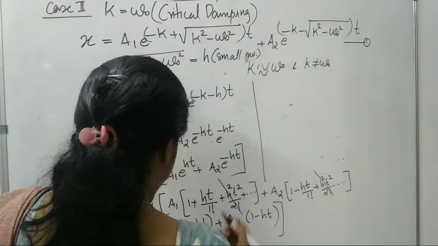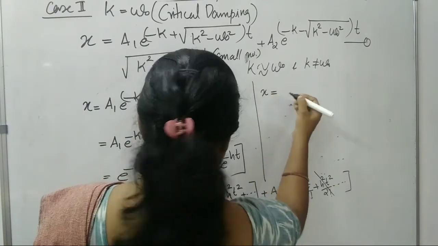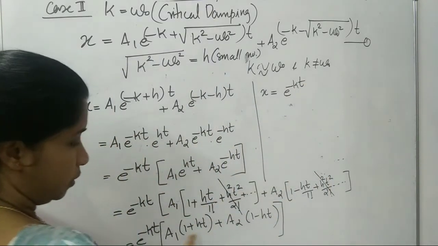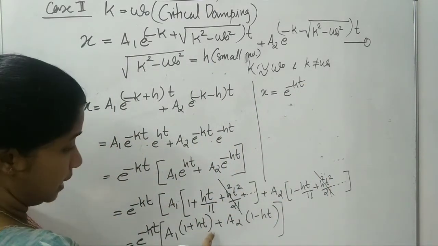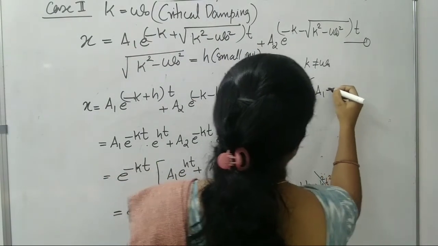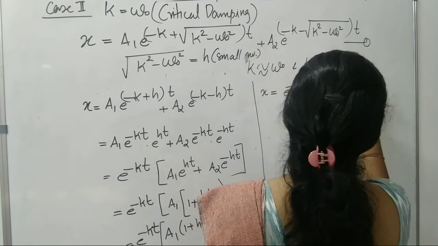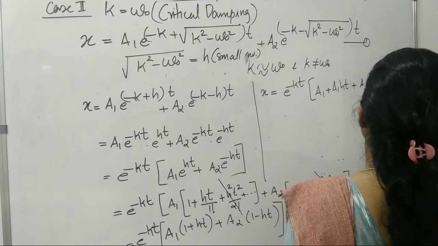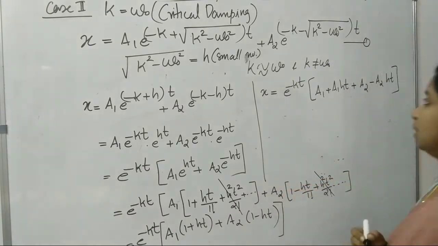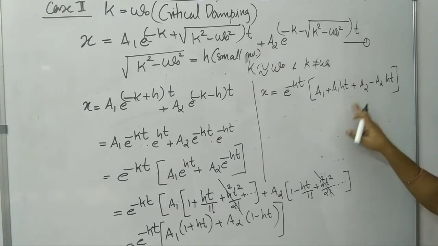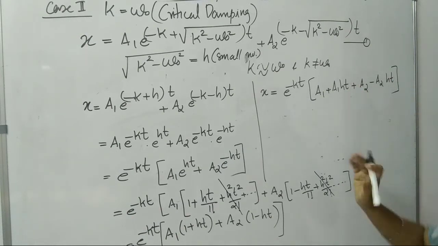So we get x equal to e raised to minus kt into a1 plus a1 ht. Okay, while opening the bracket, we get a1 plus a1 ht plus a2 minus a2 ht. Then we can write a1 plus a2 as a single term. Then take ht as the common term.